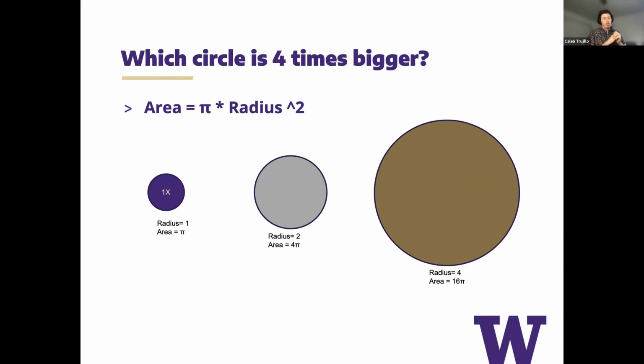So even though I've only increased one dimension of my circle, the radius, the area of it is 4 times bigger. So that's one way to think about it: depending on which direction you're moving and increasing your scales, you're going to get a different effect on the object that you're looking at.